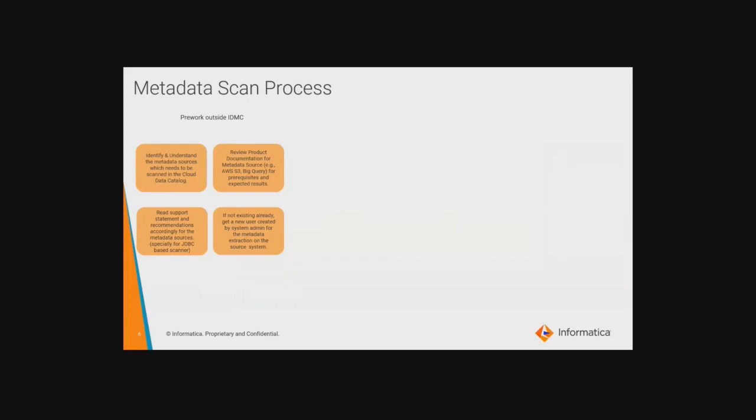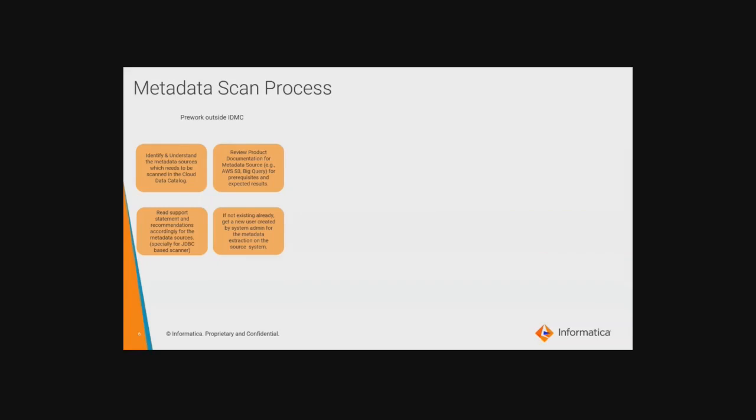If you are a new Cloud Data Catalog customer, you would know what data you want to ingest into the catalog and what exact thing within that data. Are you interested in metadata and profiling results as well? Do you also want to scan stored procedures or lineage? All those things need to be understood first.